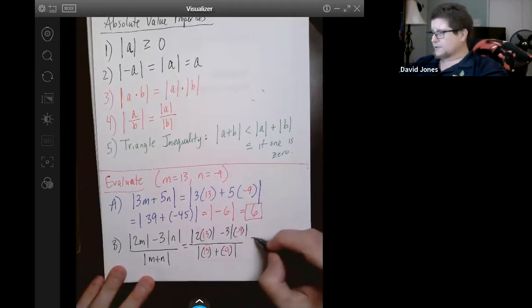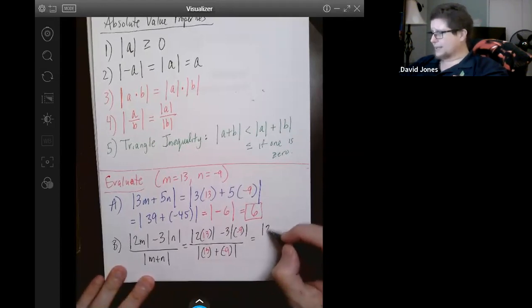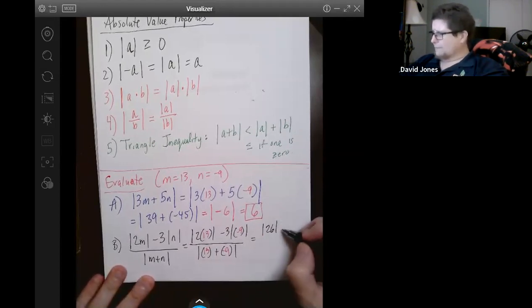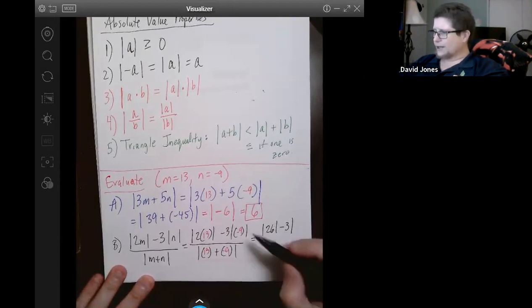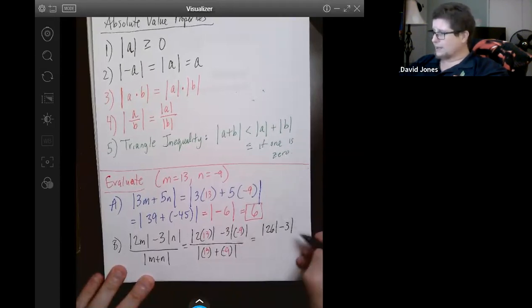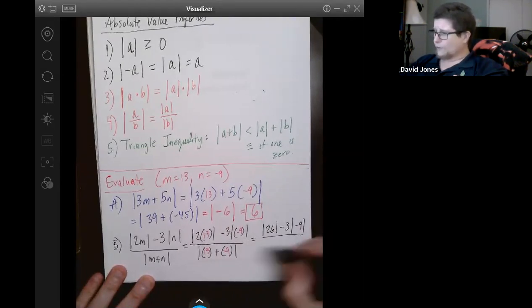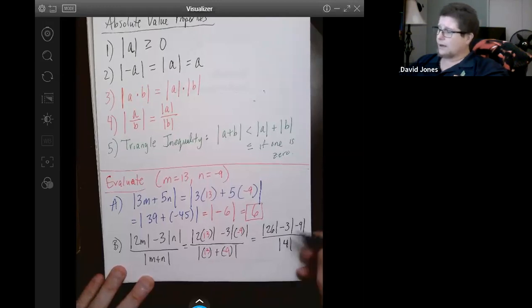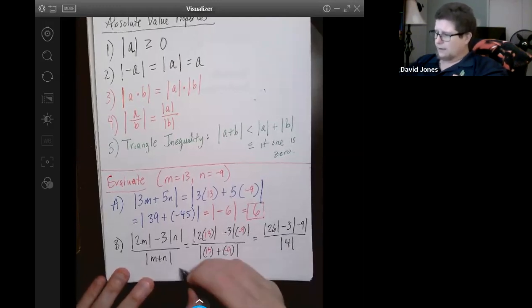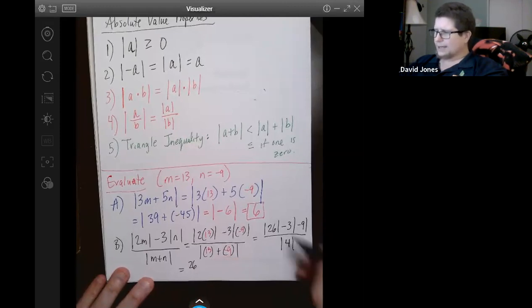This is the absolute value of 2 times 13 is 26, minus 3 times the absolute value of -9, over 13 plus -9 is absolute value of 4. That is 26 minus 3.